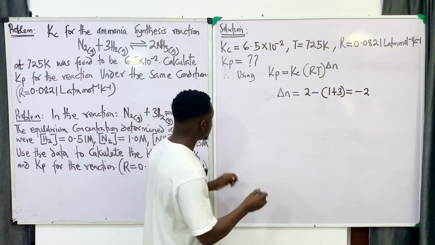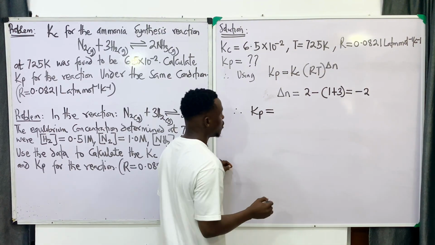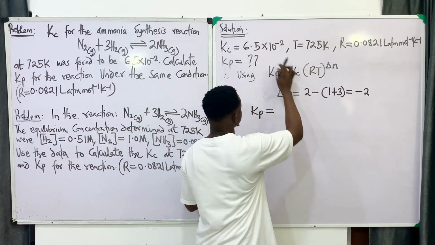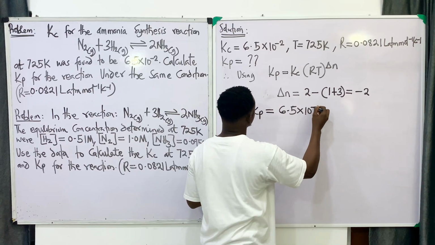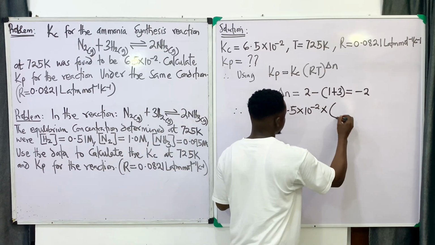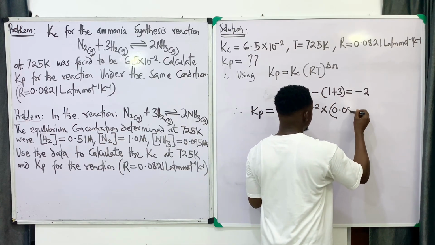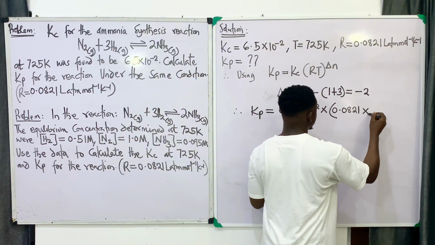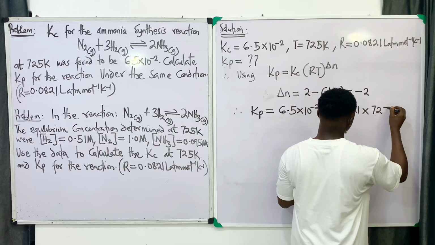So the next thing we're going to do, we say, therefore, Kp now becomes, anywhere you see Kc, you put 6.5 times 10 raised to the power of minus 2, times our R, which is 0.0821, times our temperature, 725.